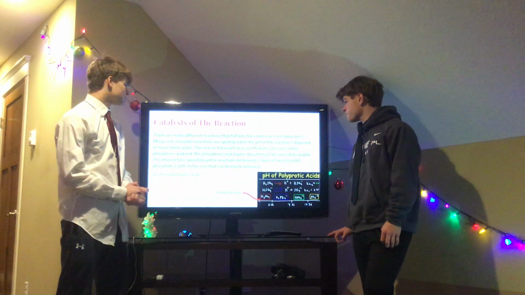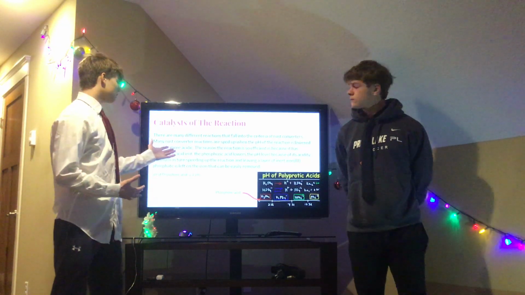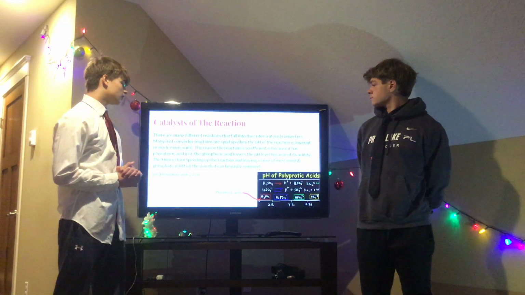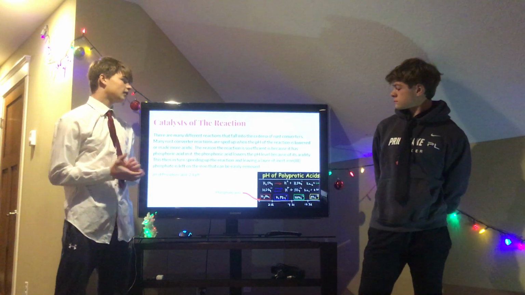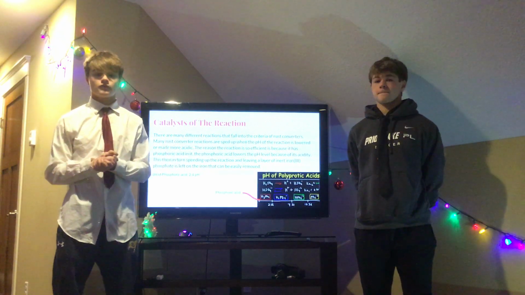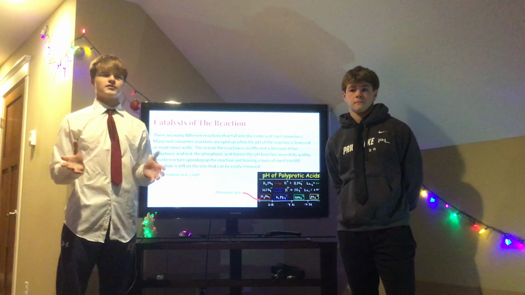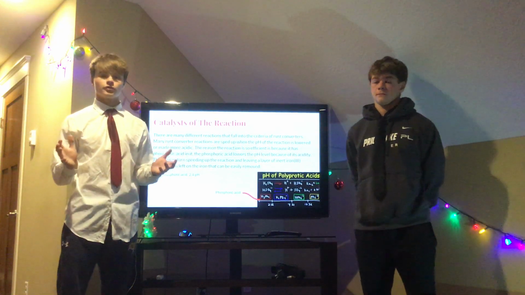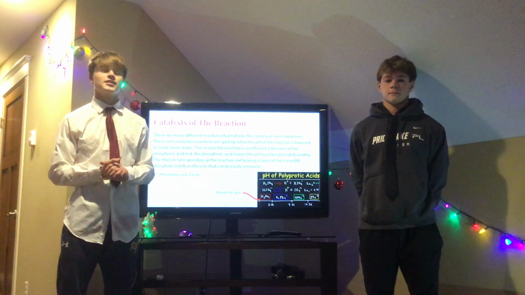So here are the catalysts of the reaction, and a catalyst is just what speeds up the reaction. There are many different types of reactions that fall into the criteria of rust converters. Many rust converter reactions are sped up when the pH of the reaction is lowered, so almost all of the rust converter reactions involve an acidic reactant. The reason phosphoric acid is so commonly used with rust converters is because it has a very low pH, which means it's acidic.